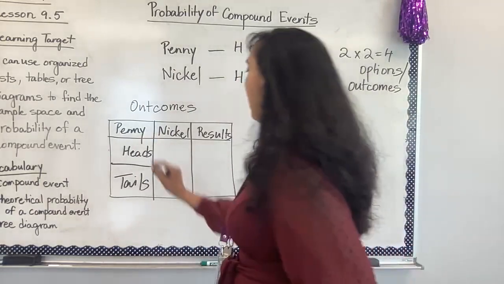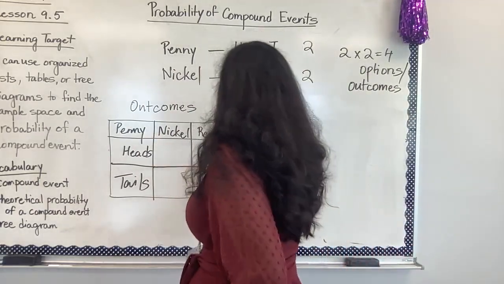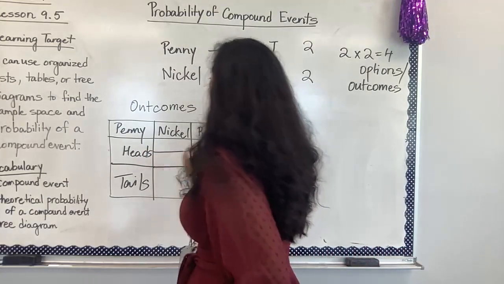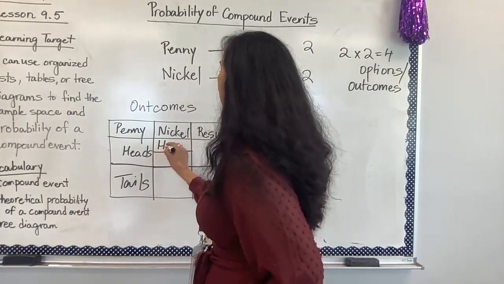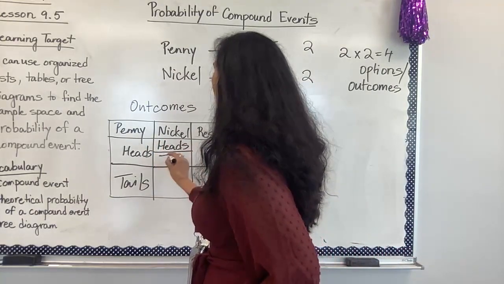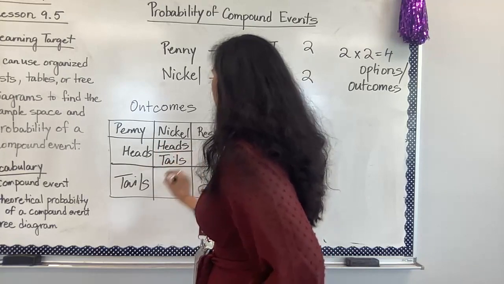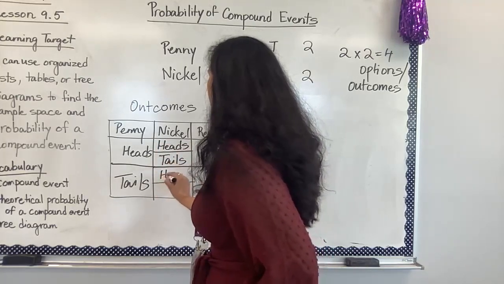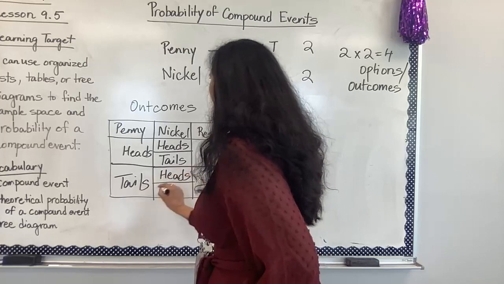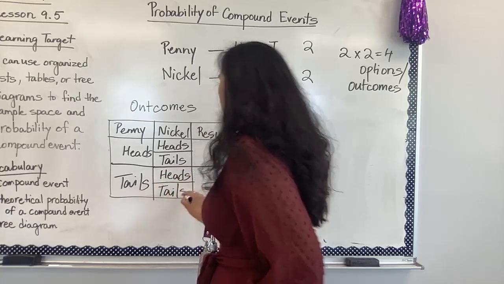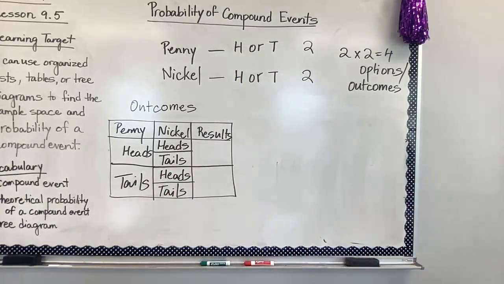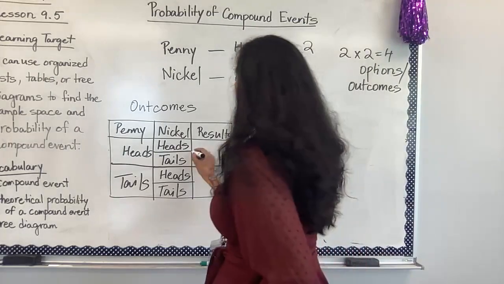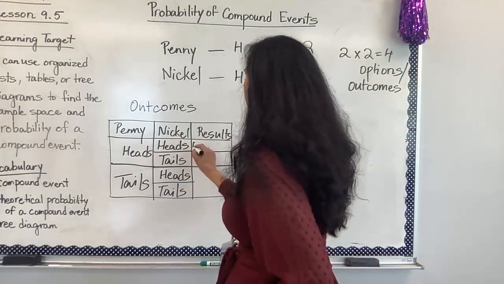Okay, now when I am doing this one, in the nickel, I can also get heads or tails. Same thing here, I can get heads or tails. Those are the 2 options. So now when I look at this, what are my results? In the first one, I'm going to have heads, heads.